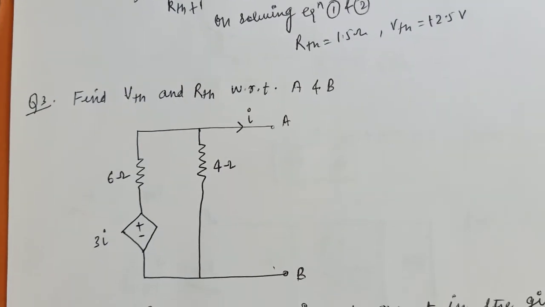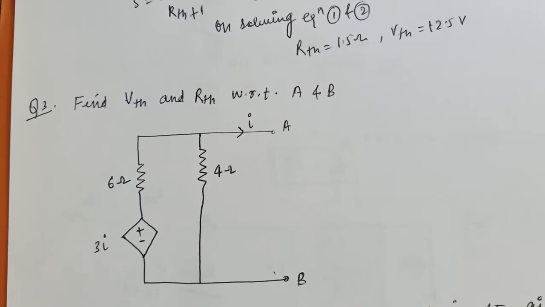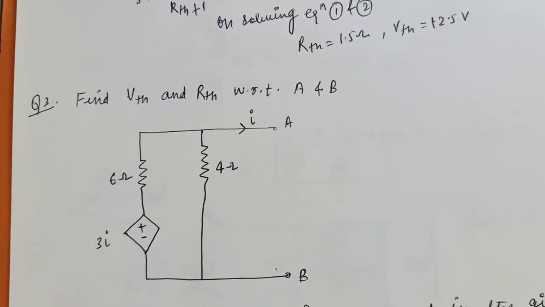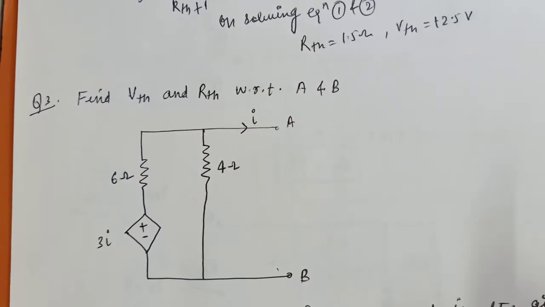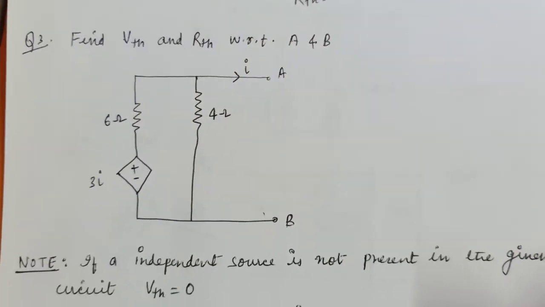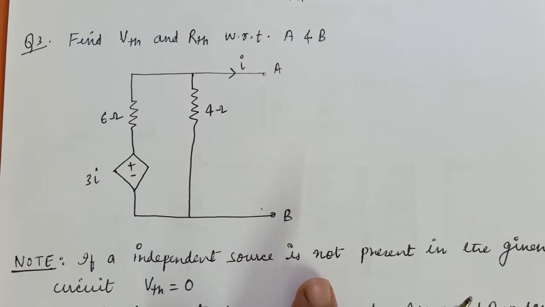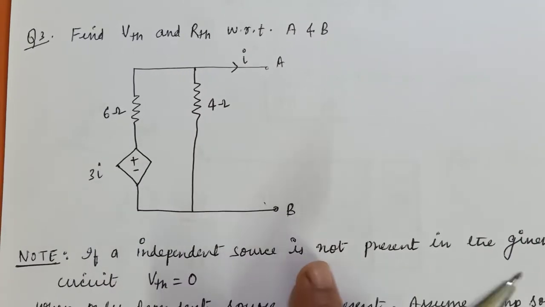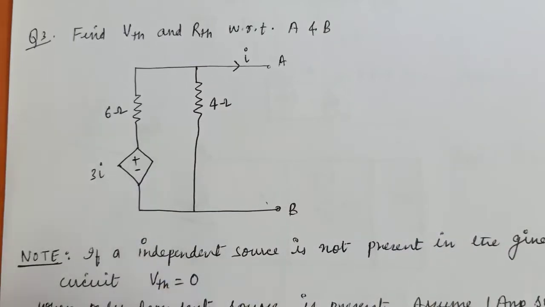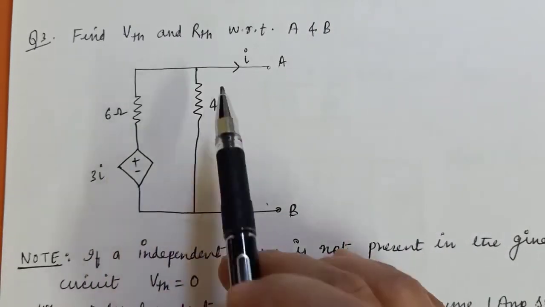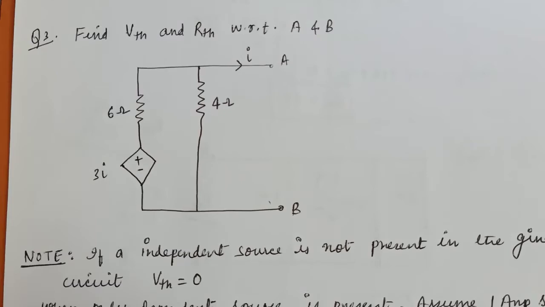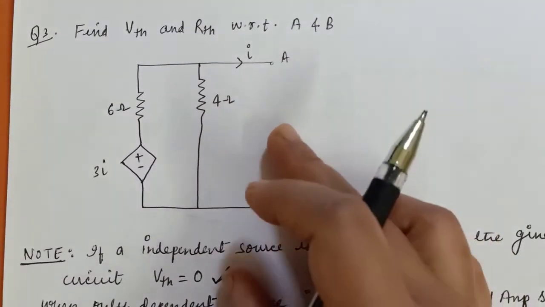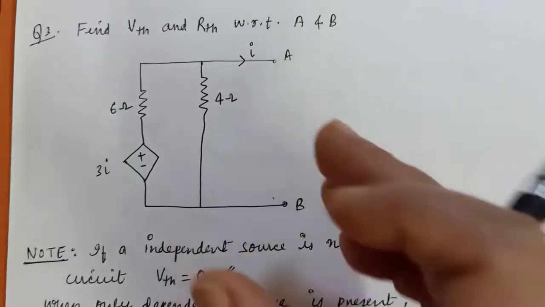In this circuit, only a dependent source is there, no independent sources. For these types of questions, you have to remember that if an independent source is not present in the given circuit, meaning only dependent sources are there, then V Thevenin will be 0, because nothing is there to provide the voltage.